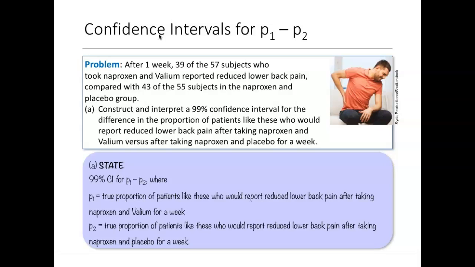And so I'm going to state what we're talking about. We're going to create a 99% confidence interval for P1 minus P2, where P1 is the true proportion of patients who had reduced lower back pain after taking naproxen and Valium. So P1 is the true treatment, right? And then P2 is going to be the placebo group, basically.